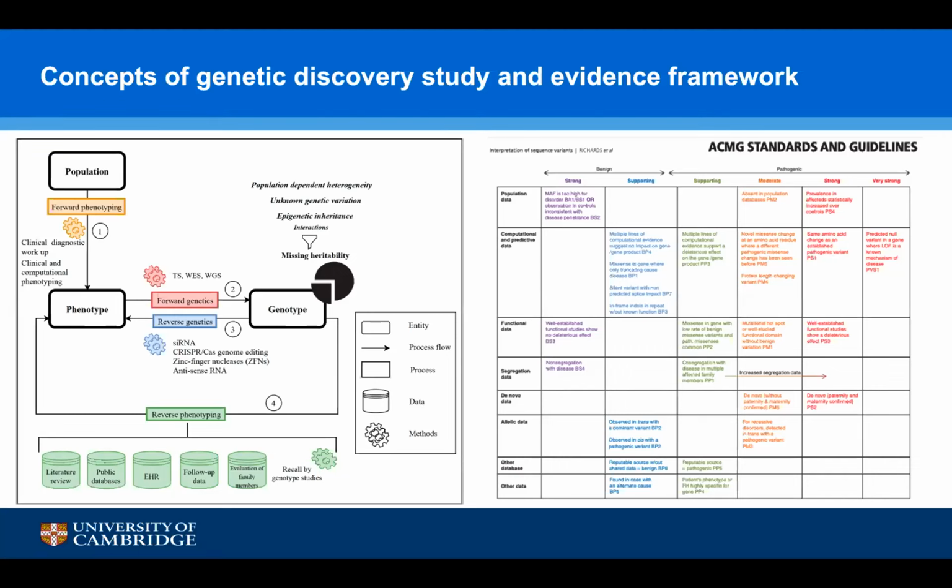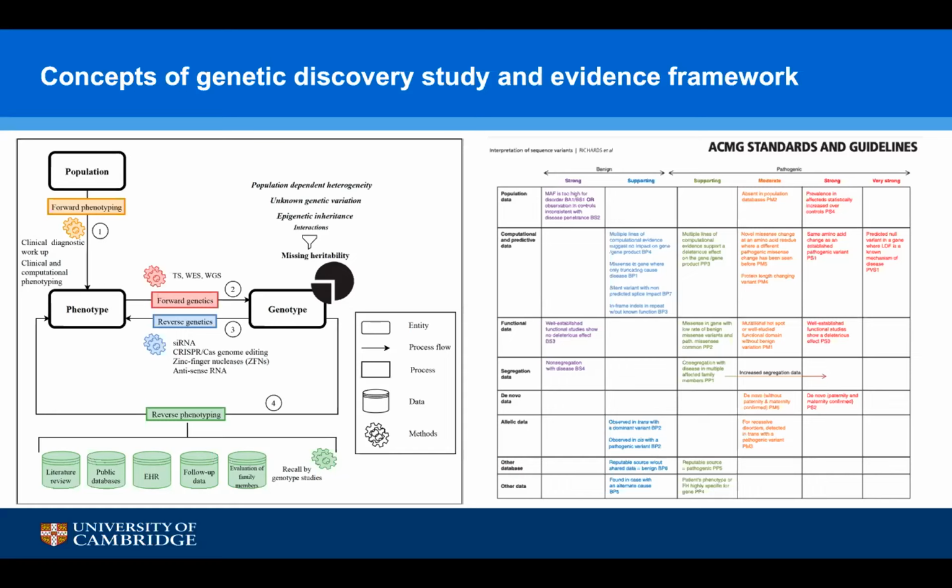And finally, once the function of candidate genes is in keeping with the phenotype, we can deepen our understanding of the role of these genes and run further studies by looking into reverse phenotyping. And this again can be broken down into a couple of stages or use multiple resources. One of these resources is recall by genotype studies. So this is the research schema for genetic discovery.